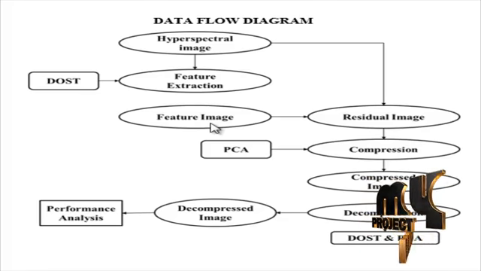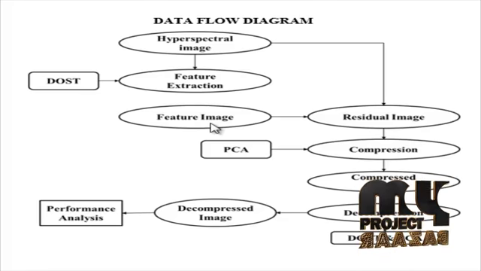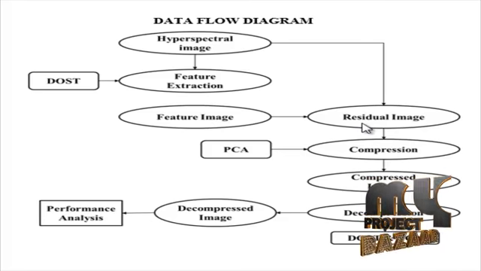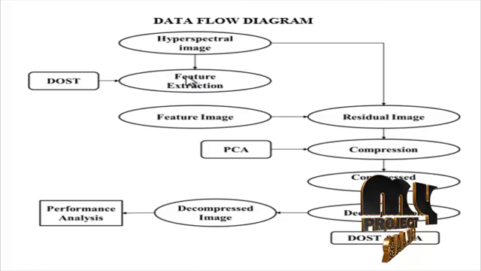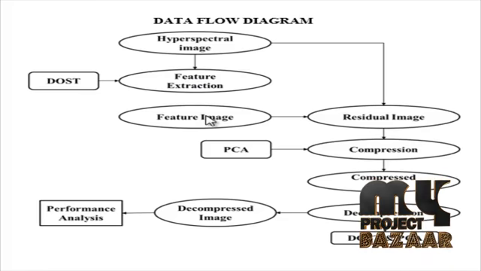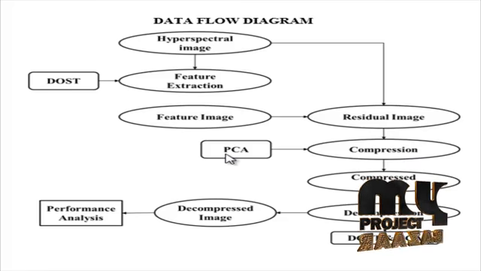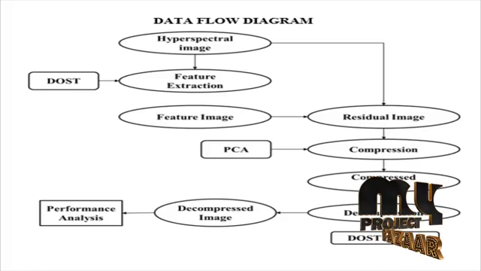The whole dataset consists of d-dimensional samples, ignoring the class labels, and we obtain the residual image from the feature image extracted by the DOST method, and compute the compression of the hyperspectral image using principal component analysis.